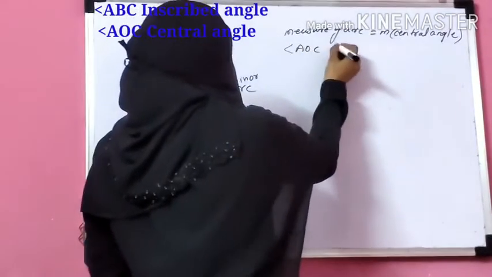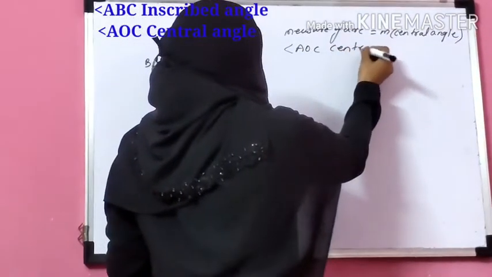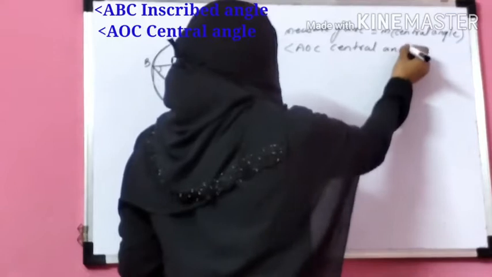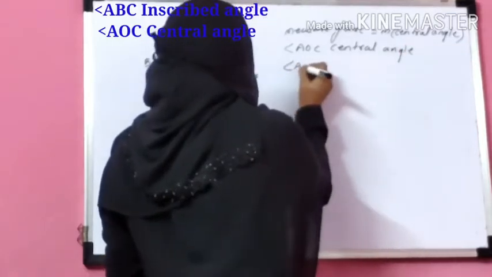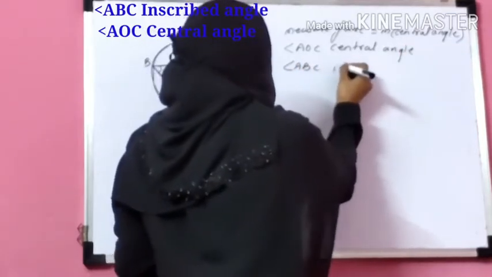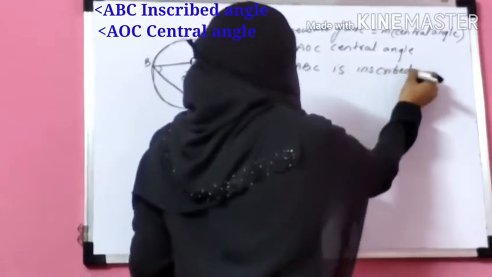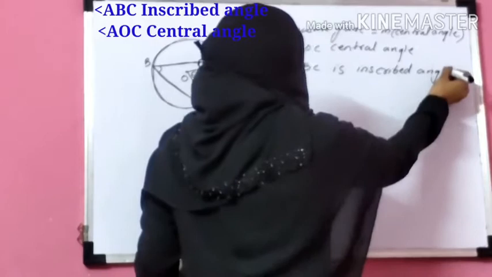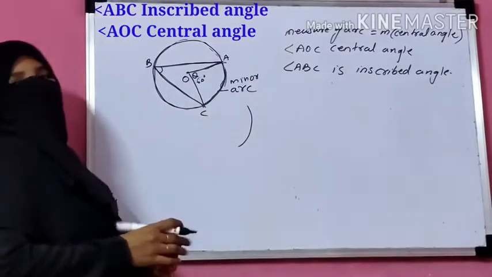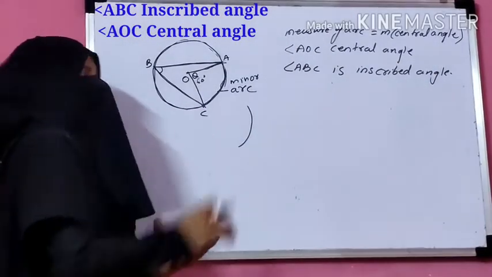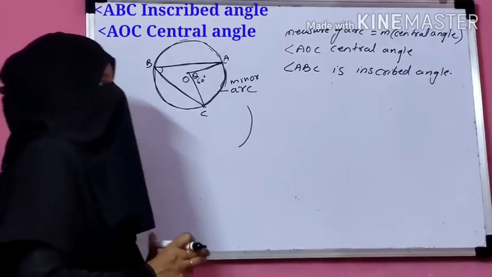Angle AOC is the central angle, angle ABC is the inscribed angle. In the next lecture, we will discuss the inscribed angle theorem. Today just remember the property of the inscribed angle.